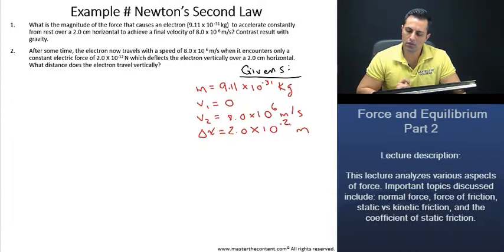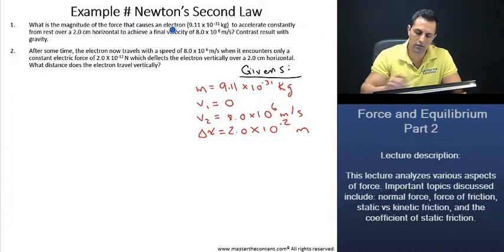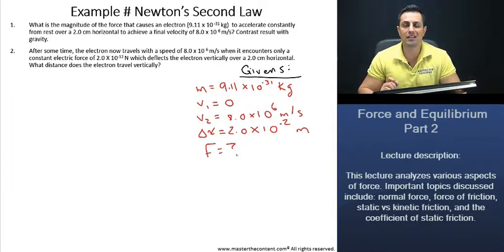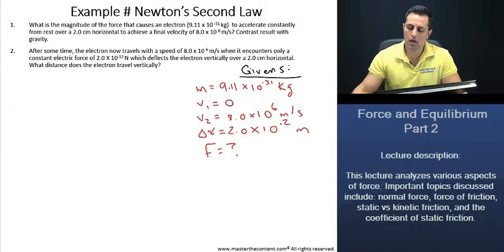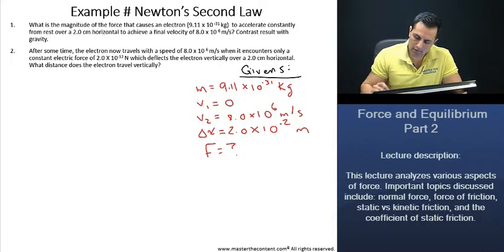Now, what else are we looking for? It's asking us for just the magnitude of the force that causes the electron to accelerate. Thus, we need to find the force. And in order to find the force, if you recall, we need to have the mass and the acceleration. We have the mass, and from the values that we have here, we can find acceleration through our kinematic equations.